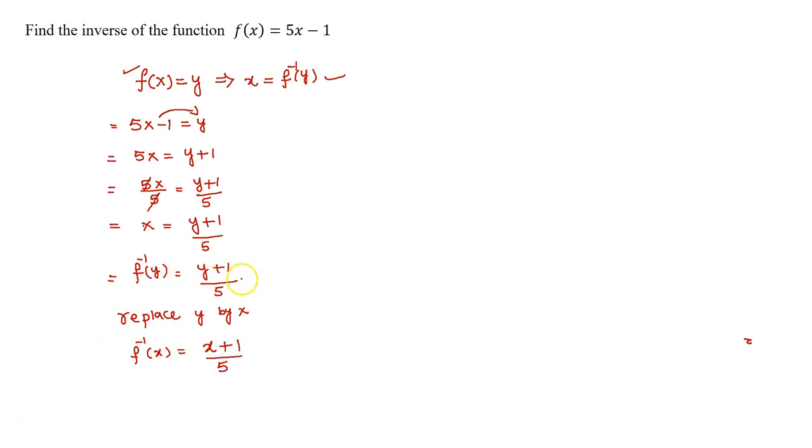Wherever y is there, just replace it with x. So f inverse of x is equal to (x plus 1) by 5. Like this we find f inverse for the function f of x equal to 5x minus 1. Okay students, I hope you understand this concept. Thank you.